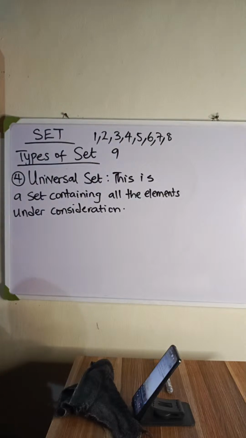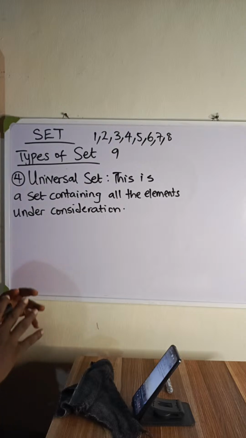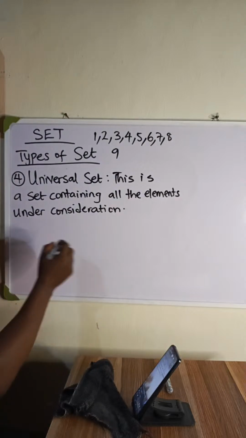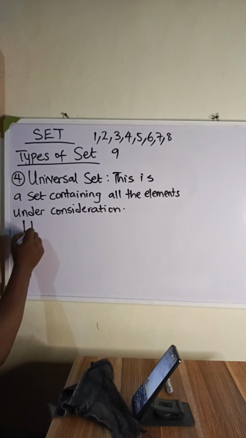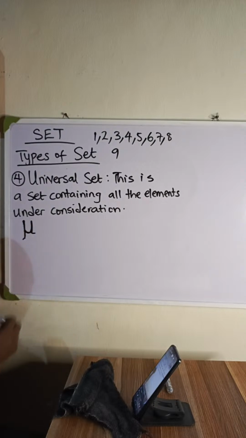So for example, if you have all the states, a universal set containing all the states. I'm using, for example, my country. Universal set is denoted by this sign.